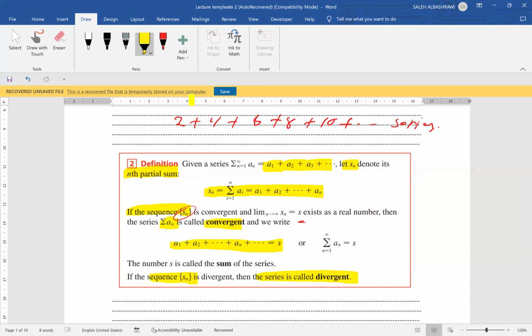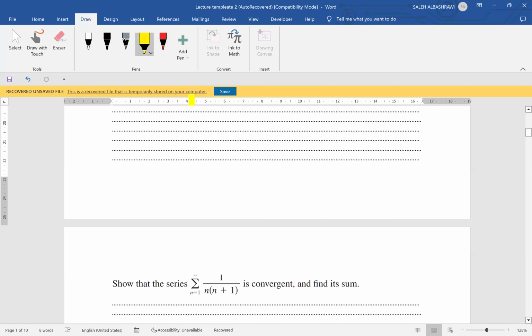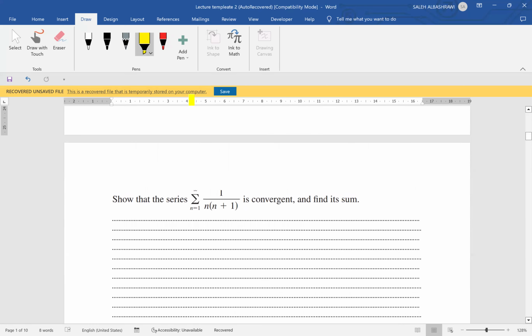To explain this with an example, suppose that we have this series. And we need to show that this series, sigma n equal to 1 to infinity of 1 over n times n plus 1, is convergent. And we need to find its sum. Let's see.